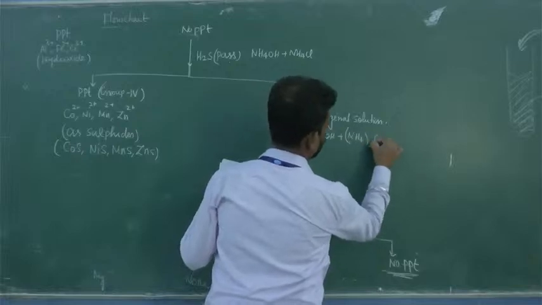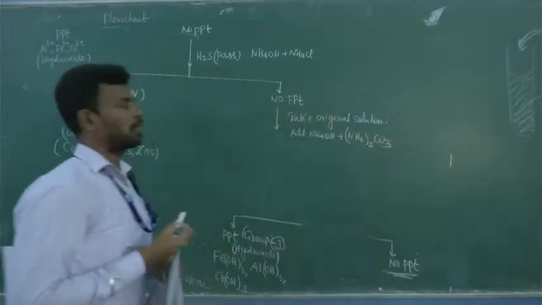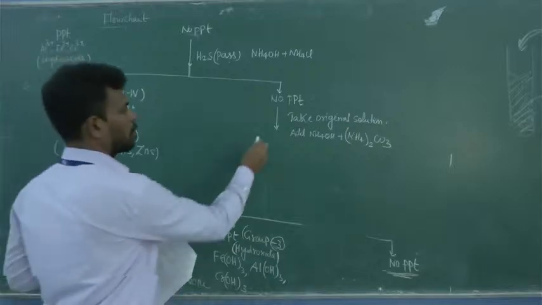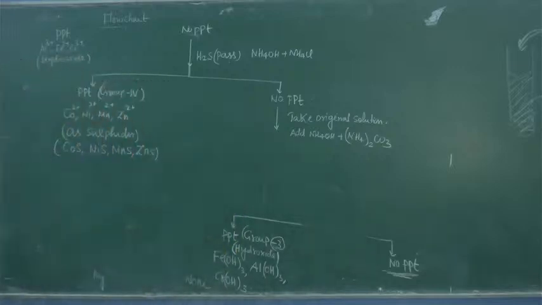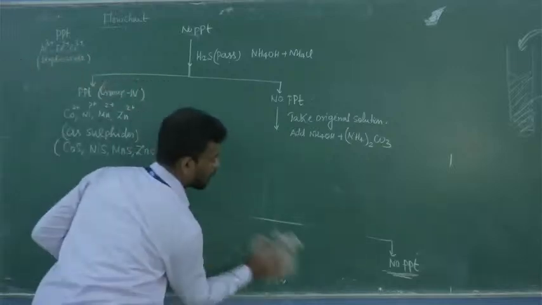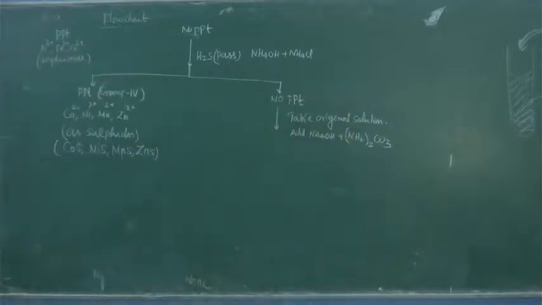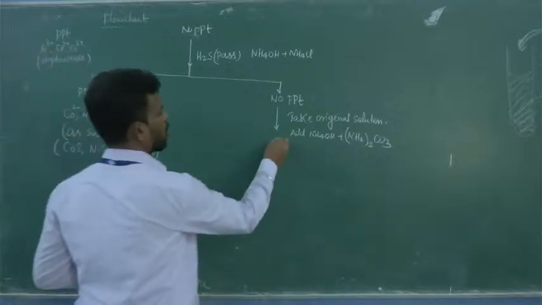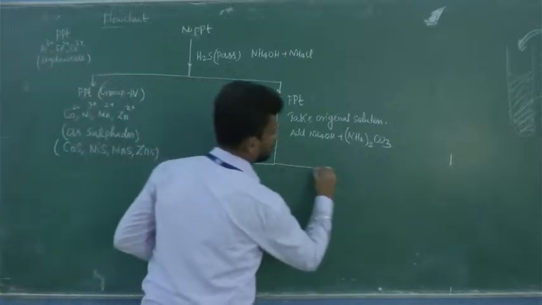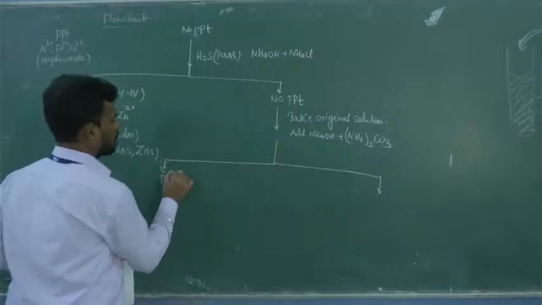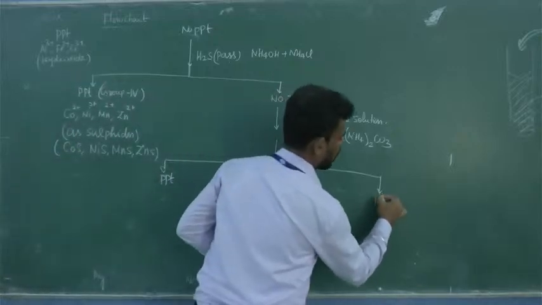Please note this. In the original solution, you add ammonium hydroxide plus ammonium carbonate. There will be two options: one is precipitate, another one is no precipitate. Is it clear? Very good.